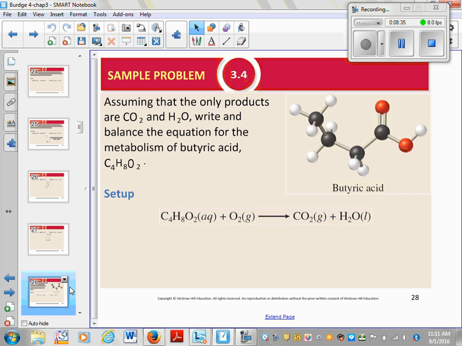So here's another problem. Butyric acid is being oxidized, or in this case, metabolized. So metabolism is actually an oxidation reaction, just like burning.